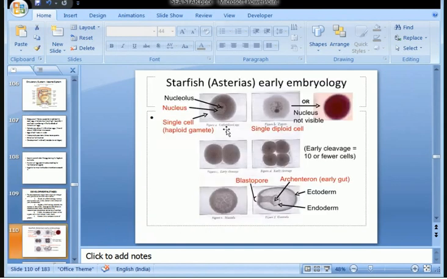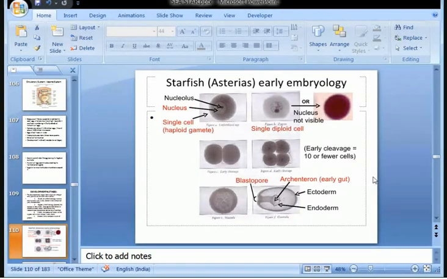If you look at this picture here, we see a haploid gamete having nucleus and nucleolus. Then after fertilization, a diploid cell is formed, and then it is dividing. Here you see the early cleavage, 2-cell and 4-cell, and then a solid ball of cells, which is called morula.